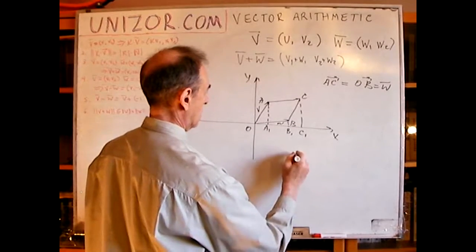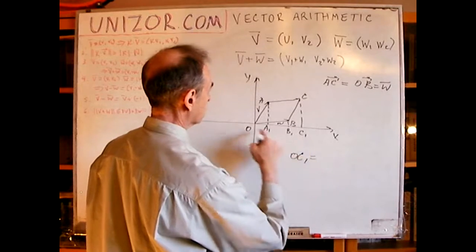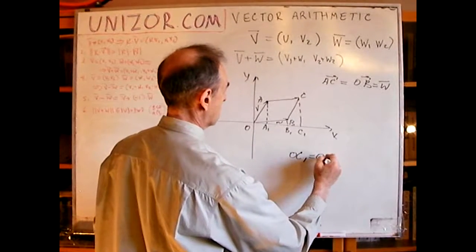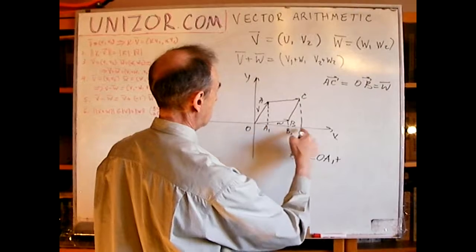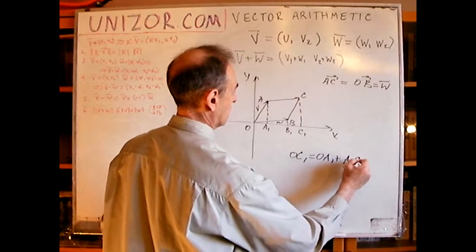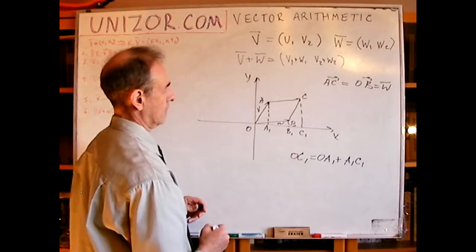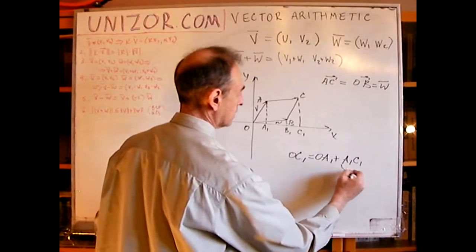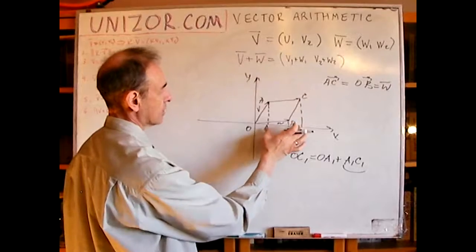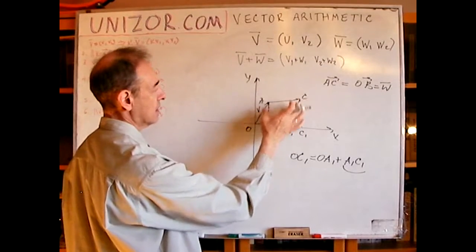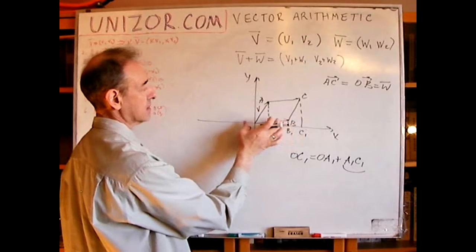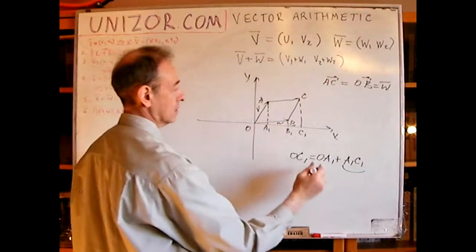OC1 is equal to OA1 plus A1C1, right? But A1C1, this one, is the projection of this particular vector, AC, onto the x-axis, which is exactly the same as the projection of OB, right?